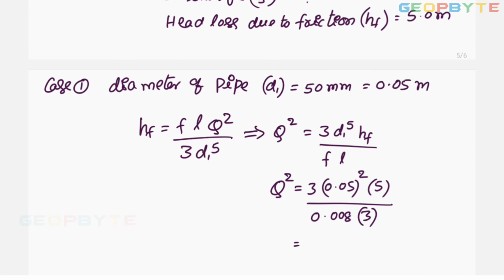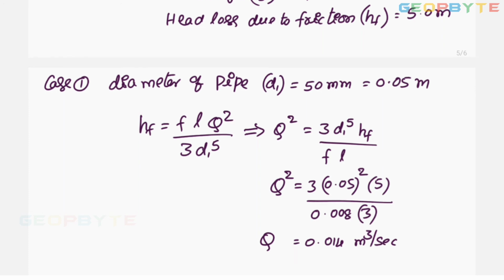Simplify this value. For getting the discharge, I am getting 0.014 meter cube per second. That is the discharge.